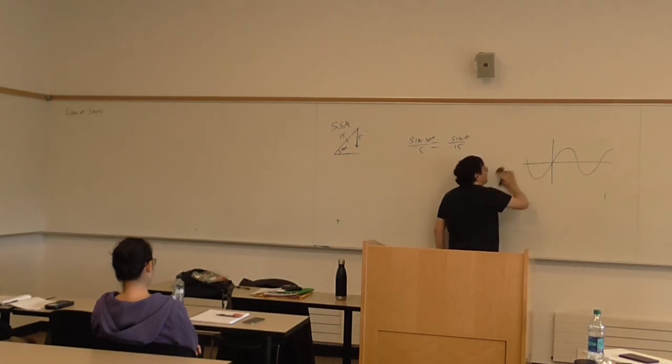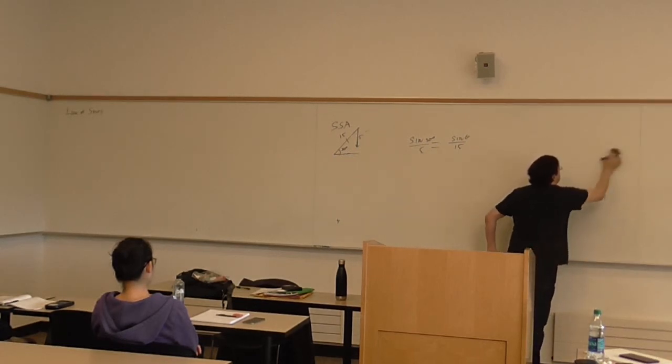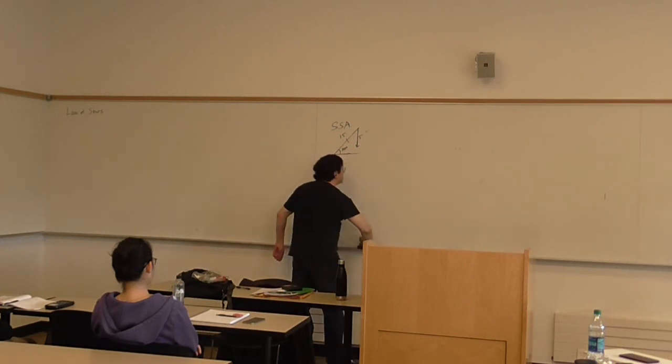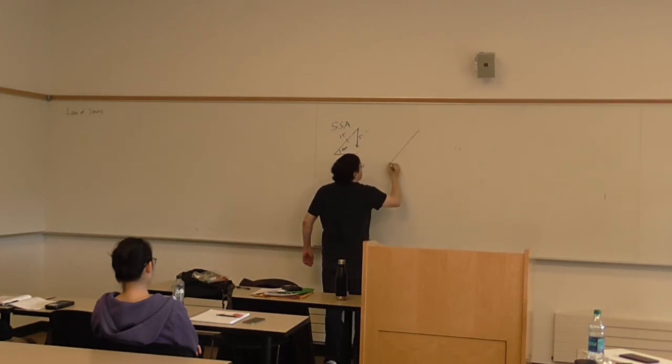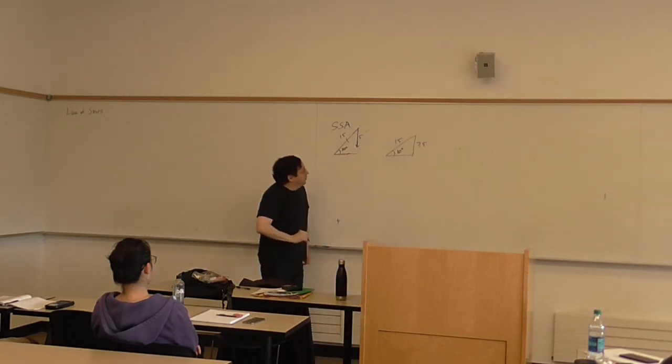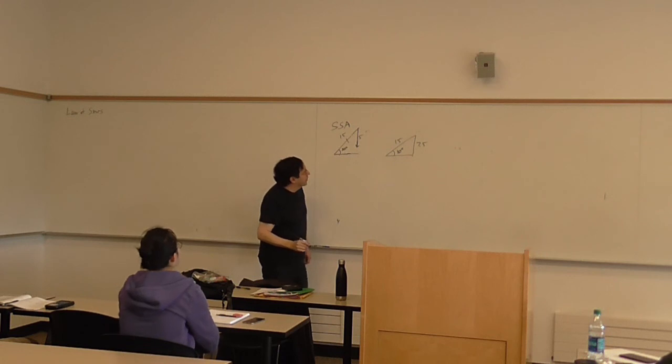I have to make up a really obvious example. So if this is 30 degrees, I make it look like 30 degrees, this is 15 and this is 7.5. Let's see what happens now, right?